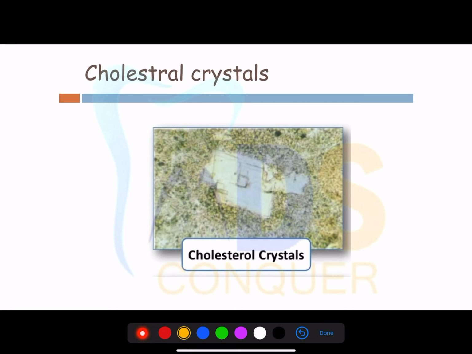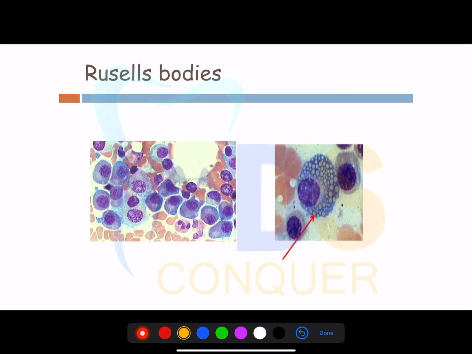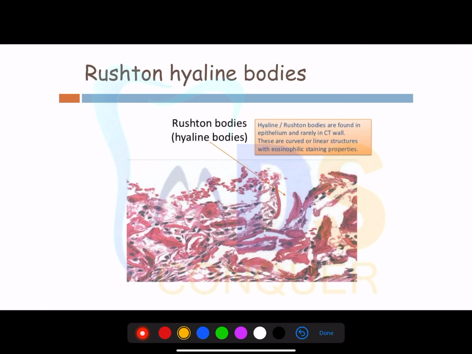These are the cholesterol crystals, which can be seen in the periapical radicular cyst. These are Russell's bodies. Please do try to identify this unique Russell body. And these are Rushton hyaline bodies. So you can identify them.